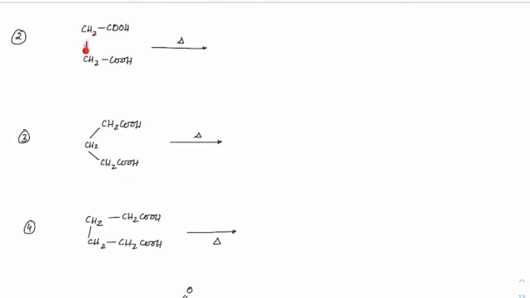If we have succinic acid, here on heating it will simply dehydrate and form an anhydride. So we will have double bond O, double bond O, O, and this. What is this one? This is succinic anhydride.